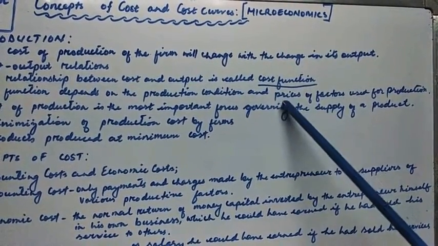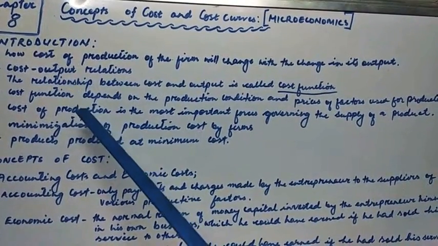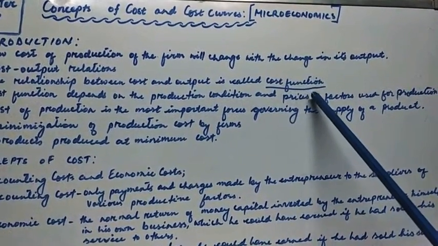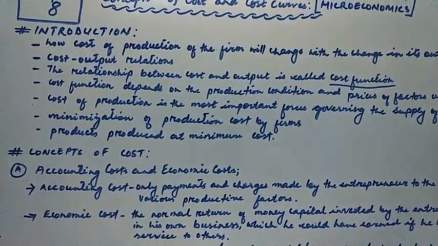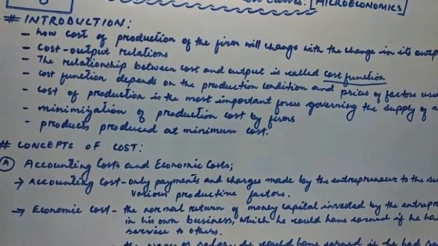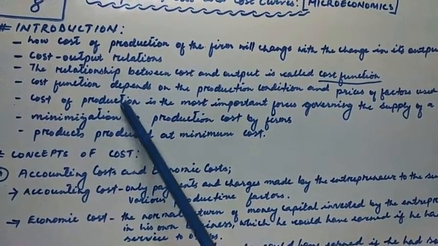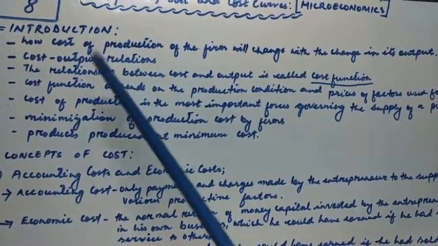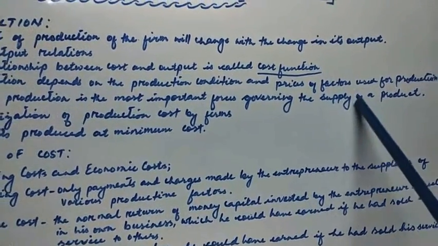That is why we can say that the cost incurred to produce a particular commodity is one of the most important forces governing the supply of a product.